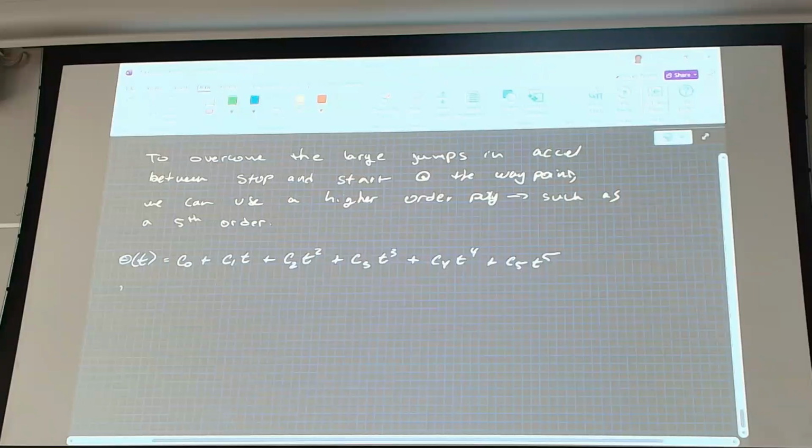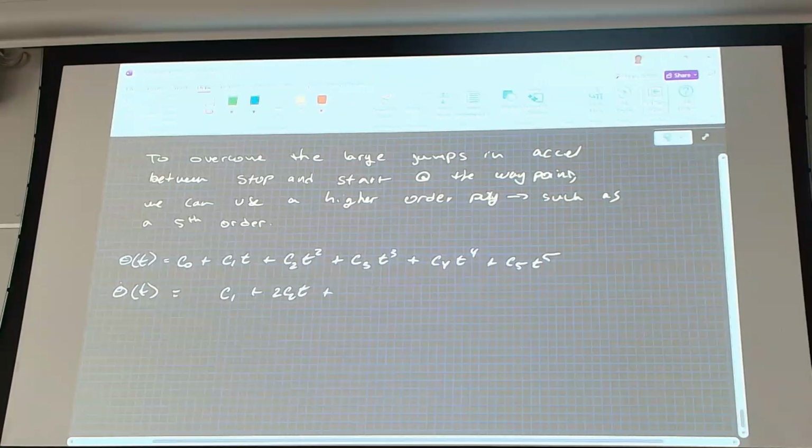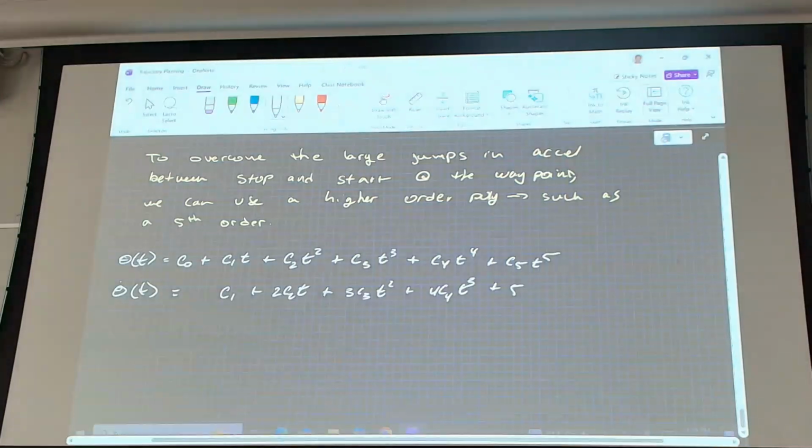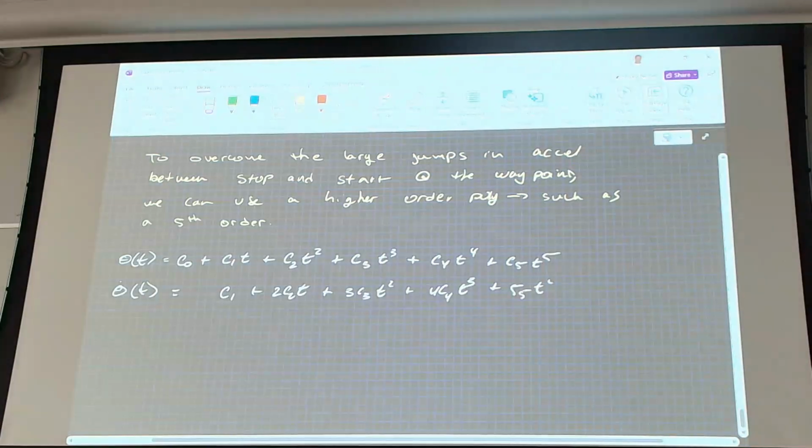And therefore, theta dot of t, you guys tell me, is c1 plus 2c2 t plus 3c3 t squared plus 4c4 t cubed plus 5c5 t to the fourth.